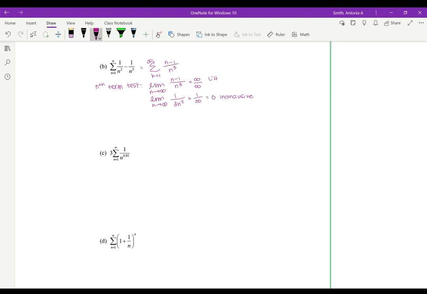We could try the integral test, that's always a good one, but we can also try p-series if I leave it written as it was originally. So if I come back up here to how it's written here, n equals 1 to infinity, I'm going to split this up to be two different sums.